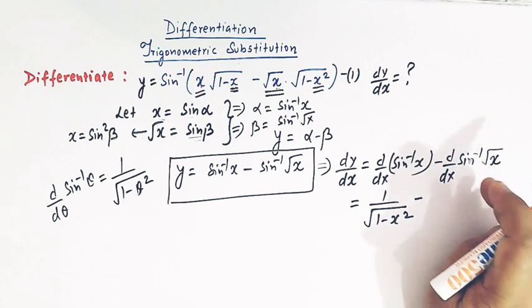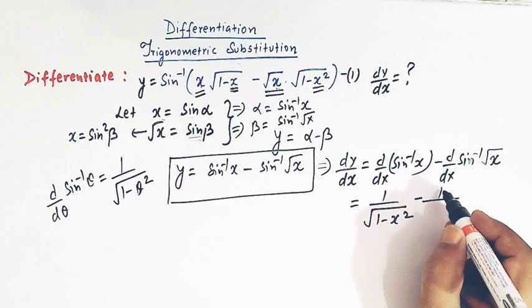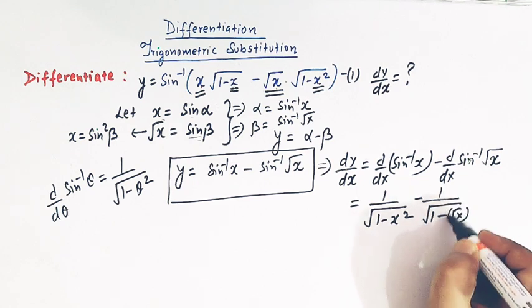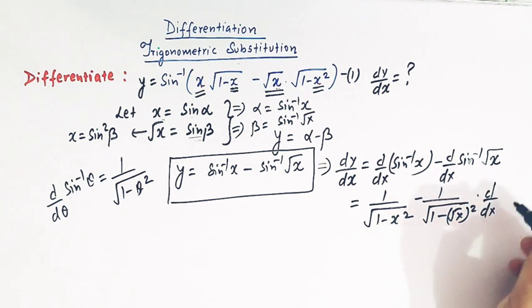So here we have to make use of chain rule. So first we have 1 over square root of 1 minus square root of x square, and then by chain rule we have the derivative of square root of x, right?